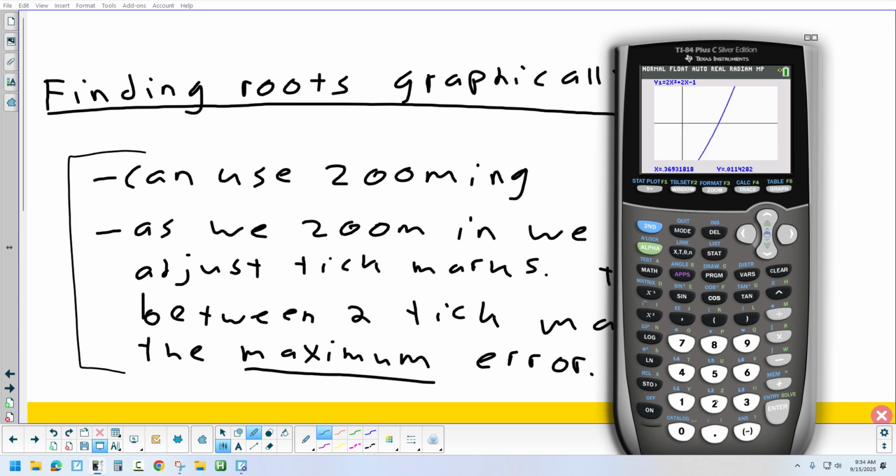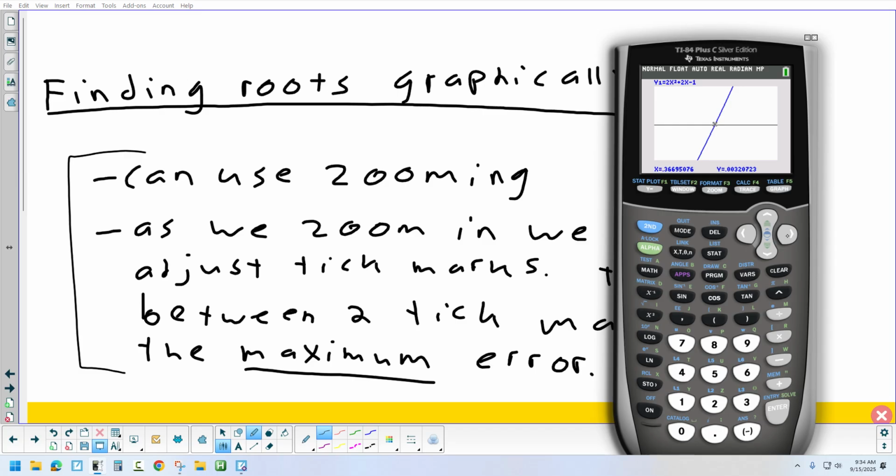So if I wanted to get an answer to 2 decimal places, I'd have to zoom in again. So I go zoom 2, hit enter. Now I'm zoomed in even more. And I trace again and watch my cursor. Okay, there I'm at negative 0.005, and the answer is 0.36. Now I'm at positive, and the answer is 0.3669. So it's getting closer.